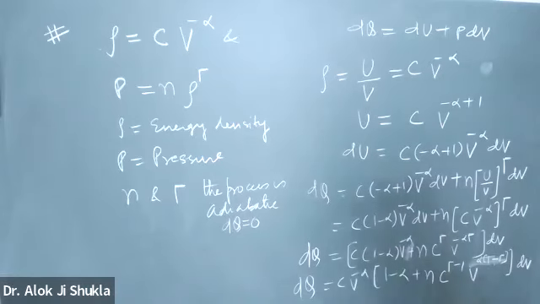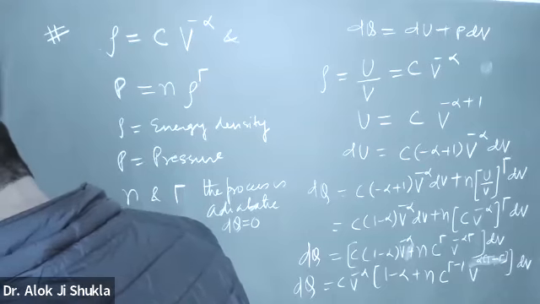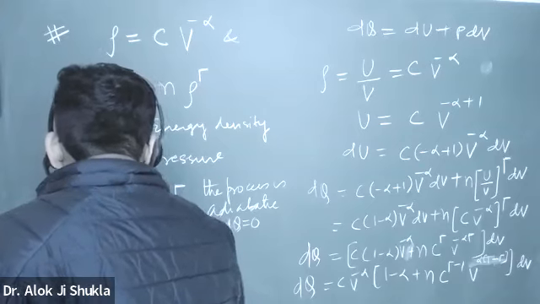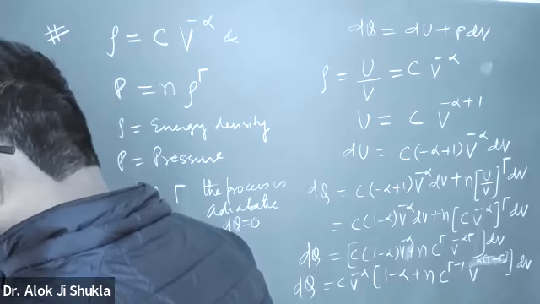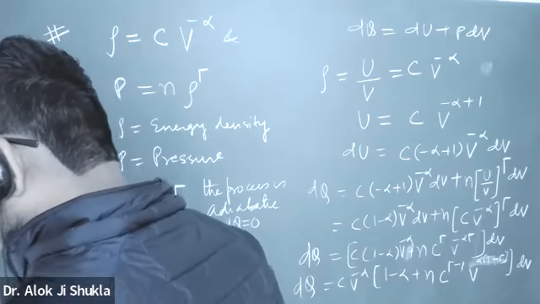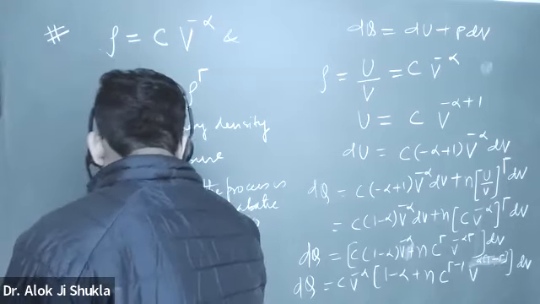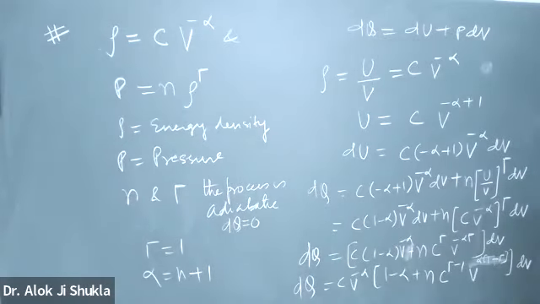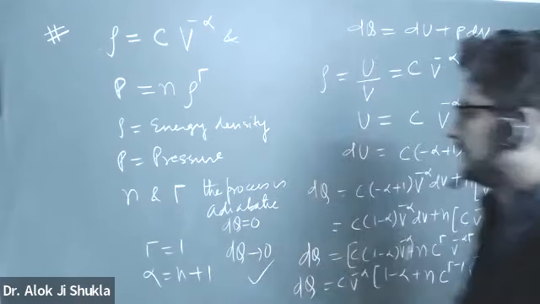So we should make the value of gamma equal to 1, and the value of alpha, how much? n plus 1, na? Yes, sir. So if we make it this, then dQ will go to 0 and the process will become adiabatic.